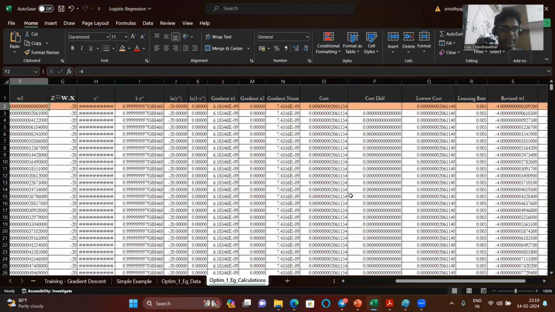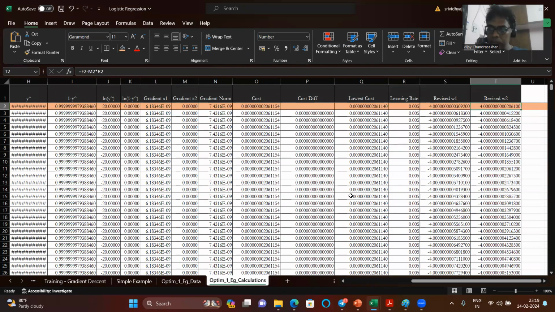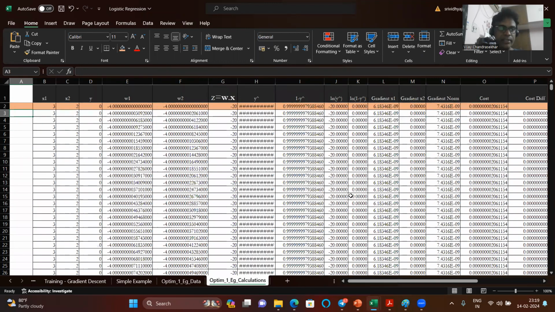What's F2? F2 is the original W2. Minus M2 into R2. R2 is, of course, learning rate. M2 is the gradient of X2. Okay. So now we have the revised W2, which I'm plugging in.